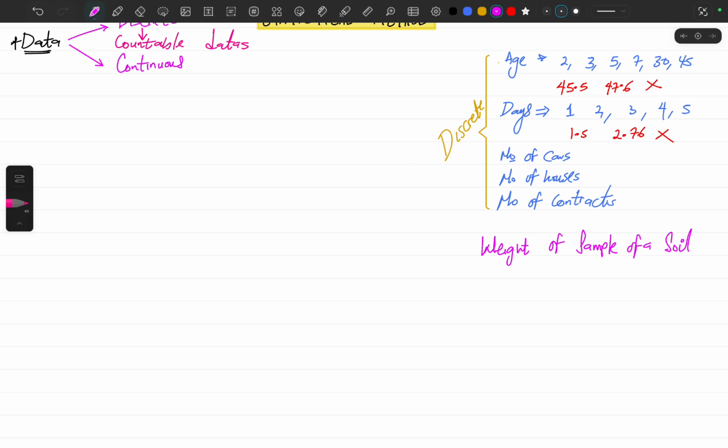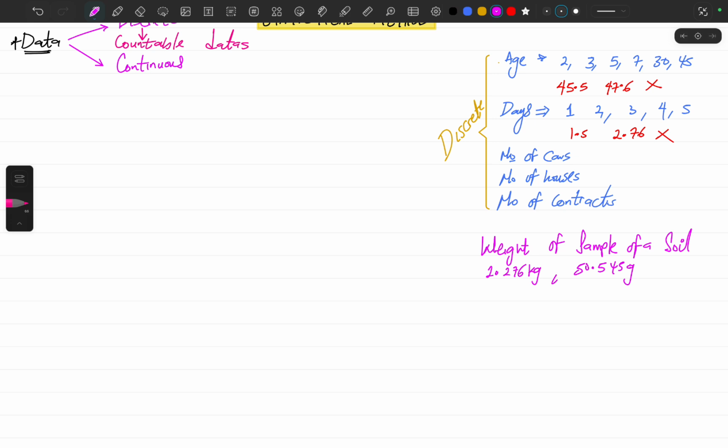You can weigh a particular soil and you're getting 2.266 kilograms, right? You can weigh some and you're getting 50.545 grams and many more. So all of these are continuous data because they are not fixed.